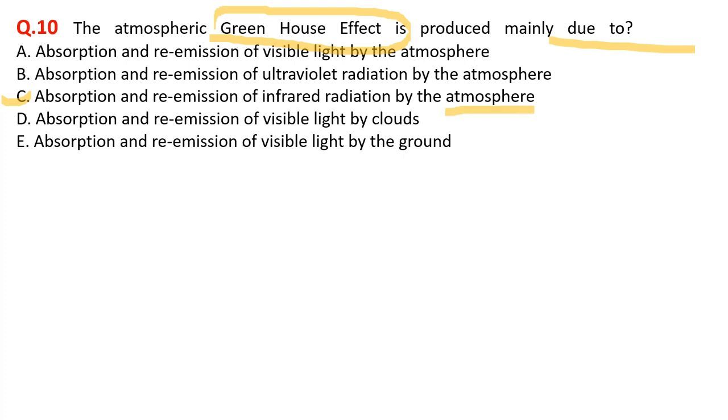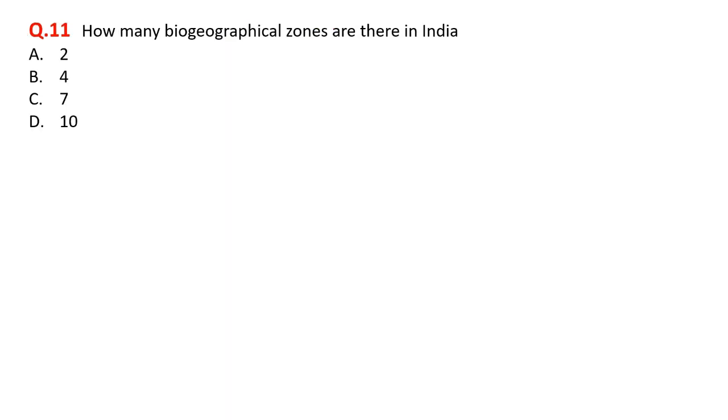All these radiations are electromagnetic radiations having different wavelengths, emitted by the sun. Infrared radiation is also a synonym of the term heat wave. Because of the absorption and re-emission of this infrared radiation, the greenhouse effect happens on the surface of the earth. So let's read the next question.